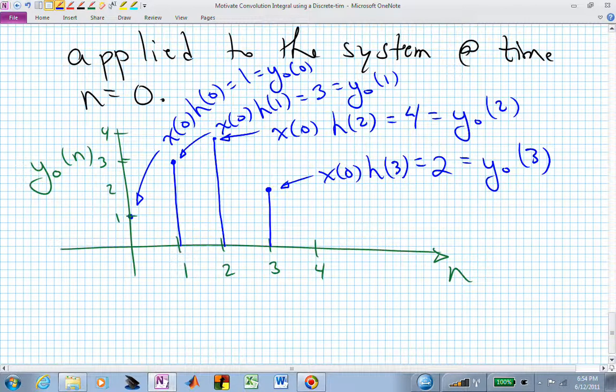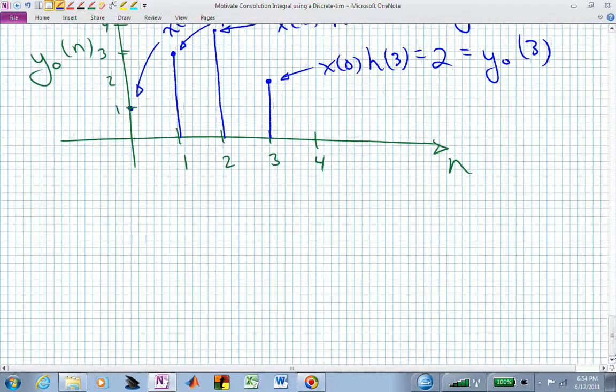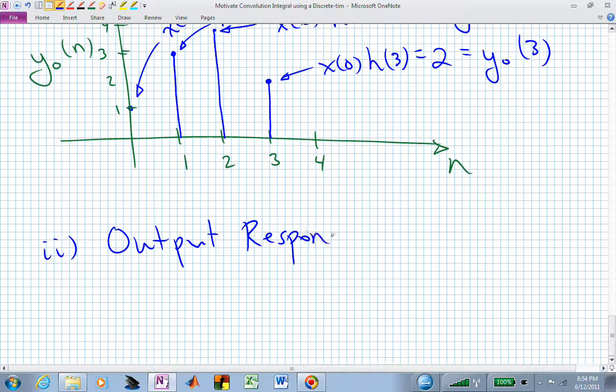That's the first component of our total output response. This is the component due to the input applied at time n equals 0. Let's now look at the next component of our output, which is the output response due to the input x at time n equal 1, and that particular value for our input was -1.